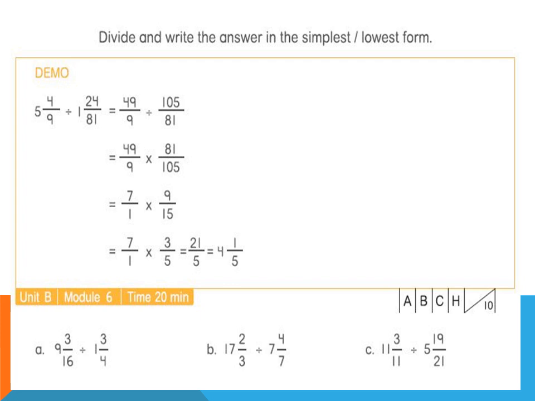That means it becomes 81 by 105. Now 9 and 81 can be cancelled out and 7 is the common factor between 49 and 105. So cancelling those out, we get 7 by 1 multiplied by 9 by 15.